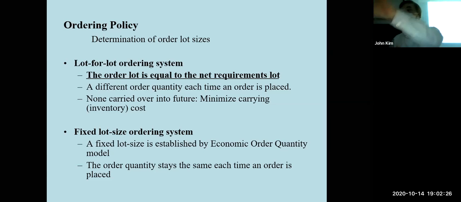So we order that requirement. That is the lot-for-lot ordering system. And then the fixed order lot system uses the EOQ model, economic order quantity model. Based on this model, we fix the order size and then use that order size again and again.